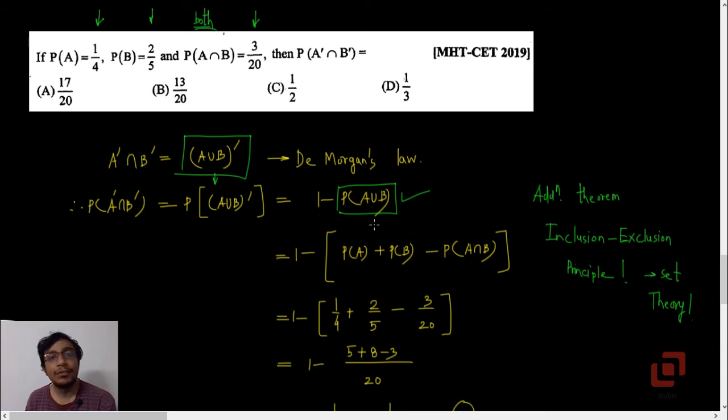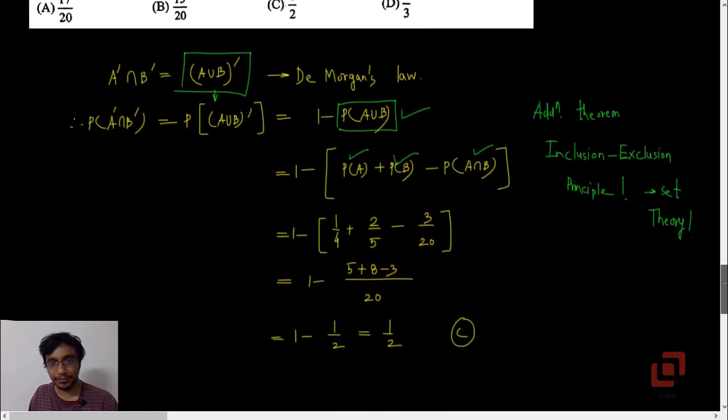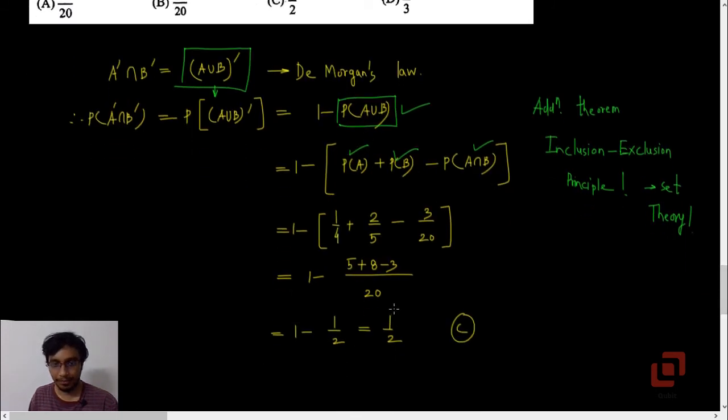So how are you going to find probability of A union B? That is probability of at least one of the events occurring. Probability of A plus probability of B minus probability of A intersection B. That is probability of A union B. Now we have everything. Probability of A, probability of B, probability of A intersection B. So just substitute the values and get the answer. It's 1 by 2. That is option C.